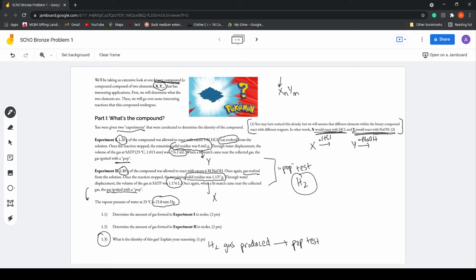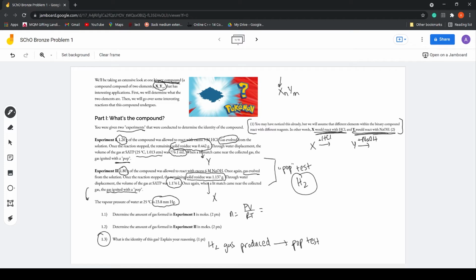So what are we told about the gas? We're told that through water displacement, we get the volume of the gas at SATP. SATP gives us a certain temperature and a certain pressure. So we have temperature, pressure, and volume. We can find the moles through the ideal gas law. So n equals PV over RT.